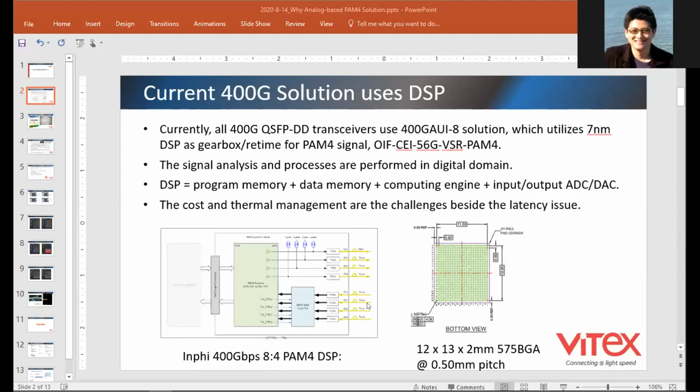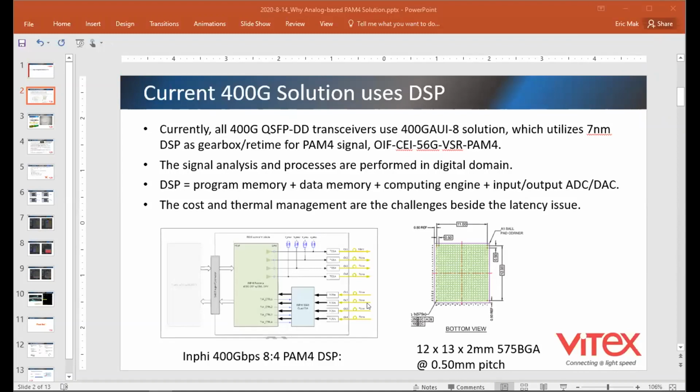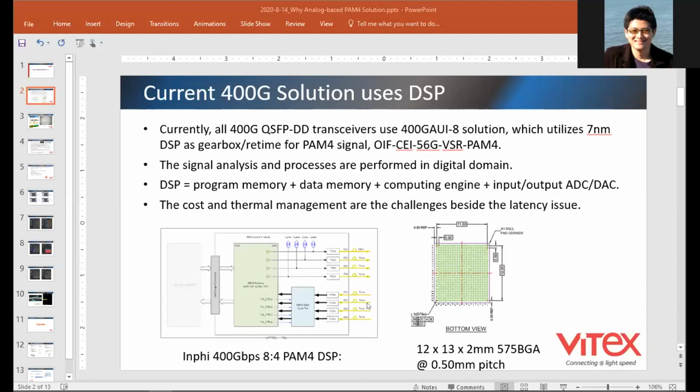Which utilizes the so-called 7nm process for the DSP as the gearbox, because sometimes you have to translate the data ratio, and also as a retimer for the PAM4 signal. And the signal analysis and processing are performed in the digital domain. Everything is processed in the digital domain.